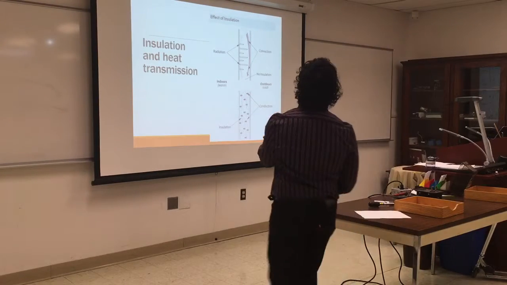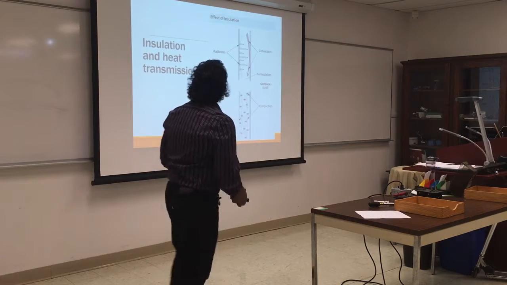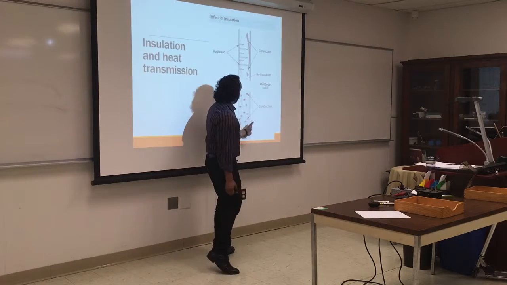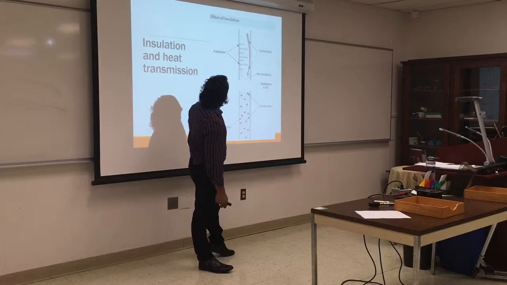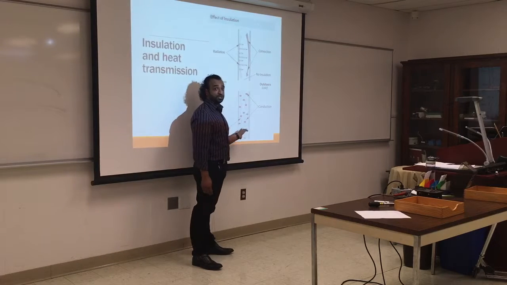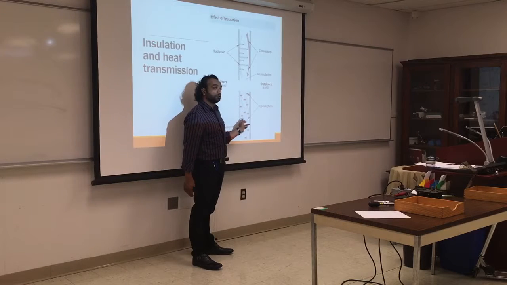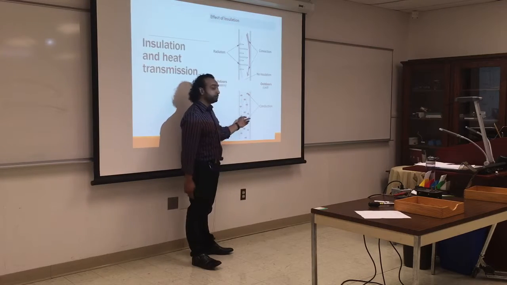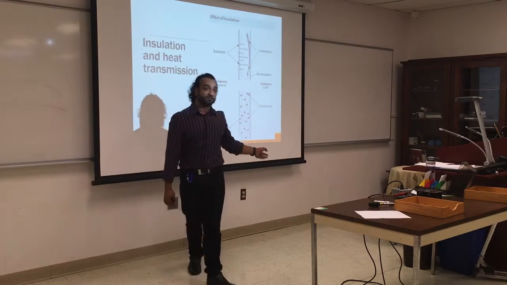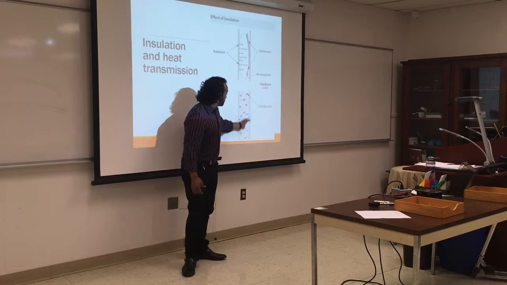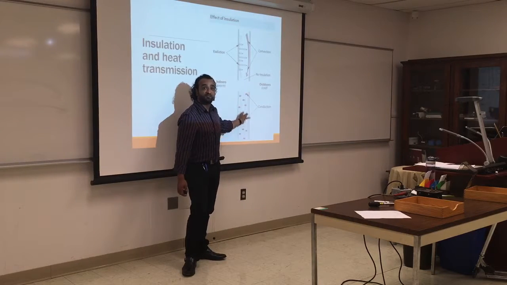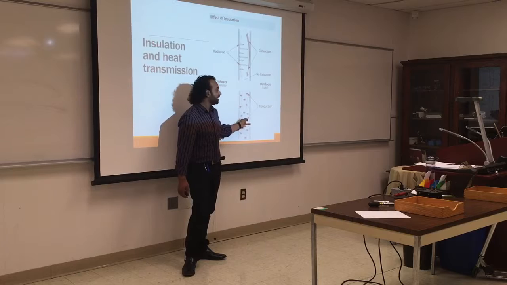You're going to have the same idea here if we're going back and forth. This is a solid wall. We said the fastest way is conduction. Conduction is faster than convection and radiation. So we're going to have conduction through solids. Even though it's insulation, you're going to have conduction through it. If it's solid wood, it's going to be more conduction.